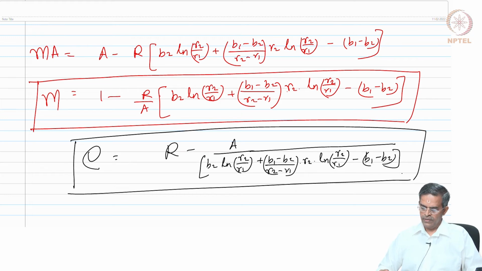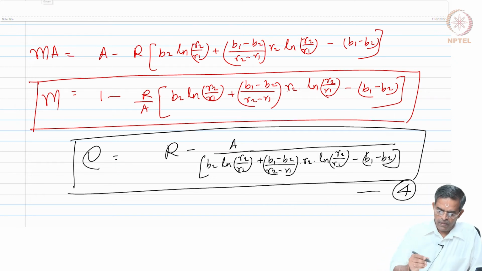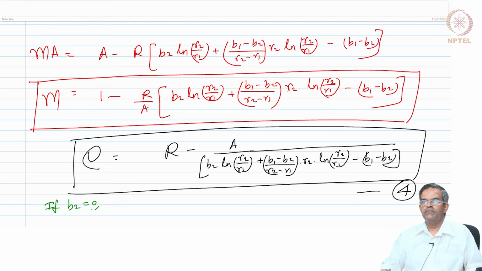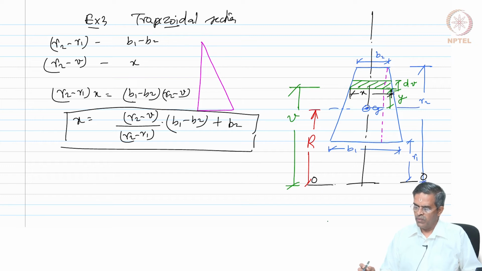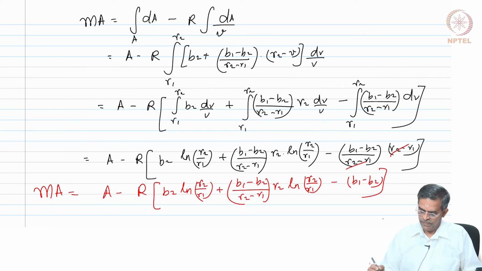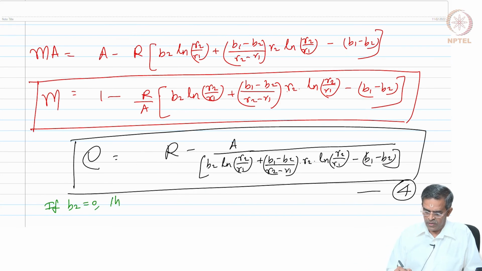Okay. So, friends, if we call this equation 4, in this equation, if B2 is 0, okay, what is B2? See the figure. If B2 is 0, we get a triangle, is it not? This equation will reduce to that of a triangle.